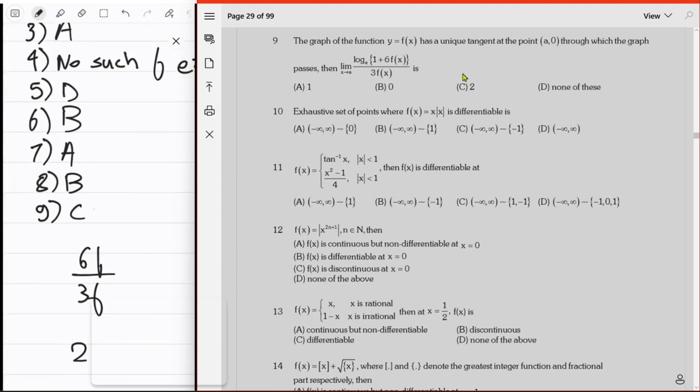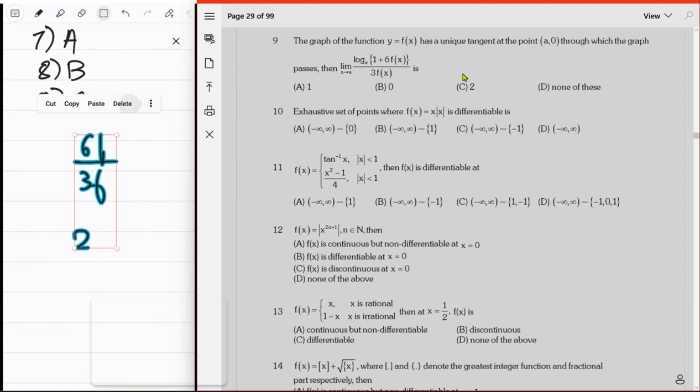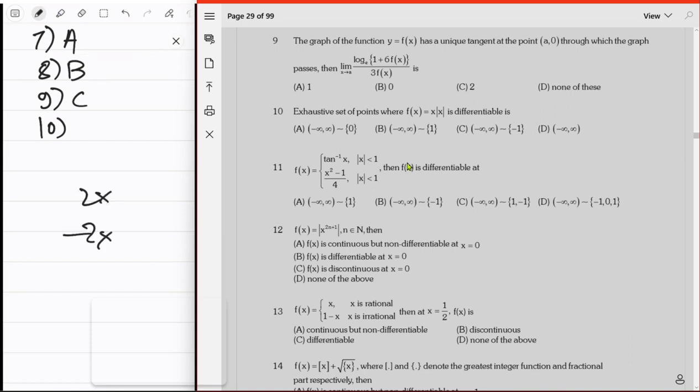Next question. 10th: the exhaustive set of points where f of x equal to x mod of x is differentiable is... Okay, for positive x it's just x square, for negative x it's negative x square. So the derivative is 2x for positive x, and negative 2x for negative x values. So at x equal to 0, it's 0, right?